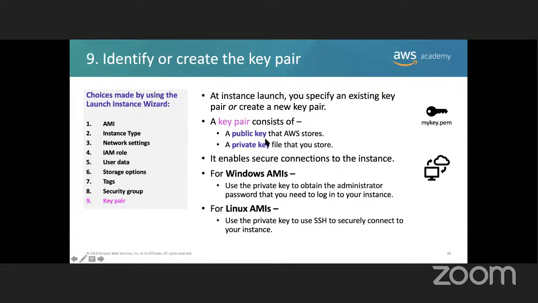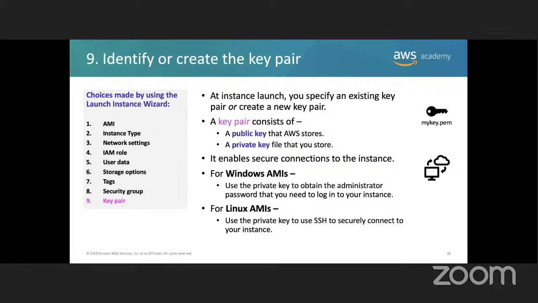It's something that you just keep in a safe place because that's the login credentials for your instance, right? It's a key pair that consists of a public key and a private key. The public key is what AWS stores, and the private key is the one that you store. Okay, so AWS will save that one, and the one that I download is the private key, right?